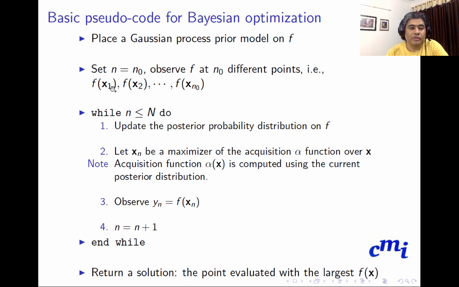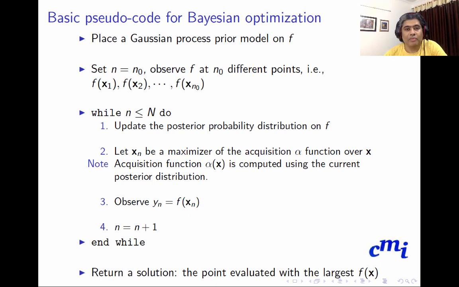Suppose you start with 15 or 20 choices of hyperparameters, and for each of those hyperparameters you fit the deep network model, and you evaluate the accuracy on the validation data set, and that accuracy is your f of x1.